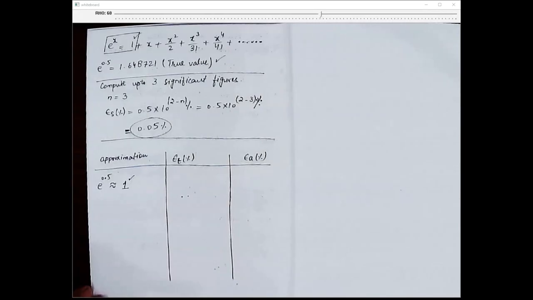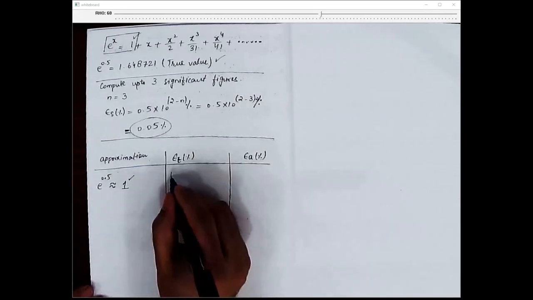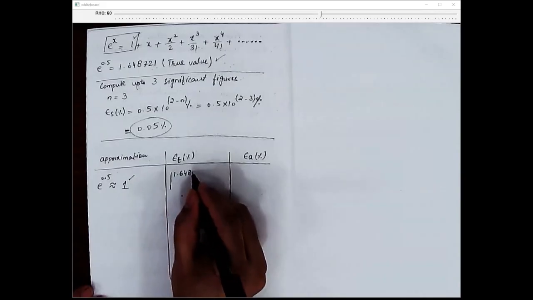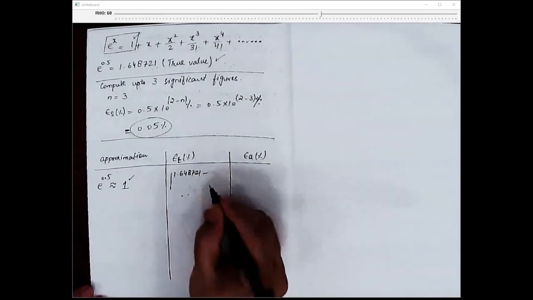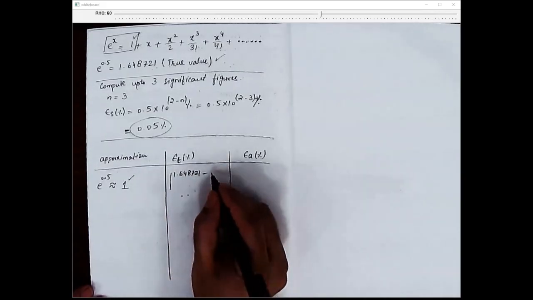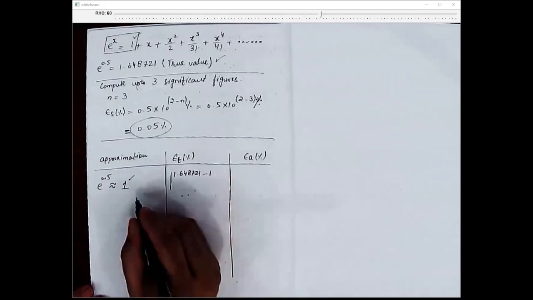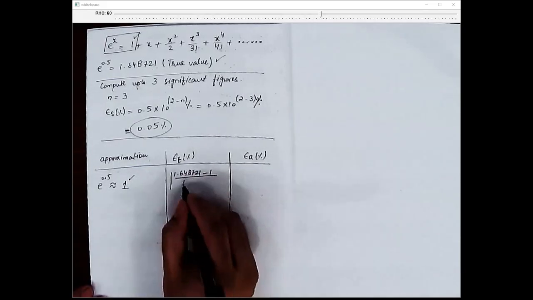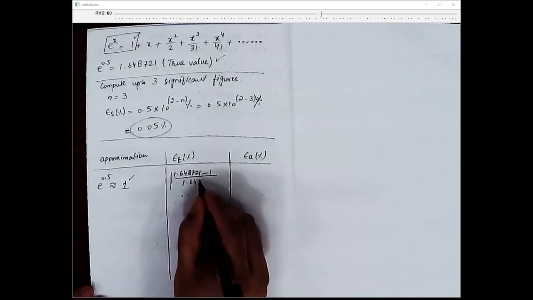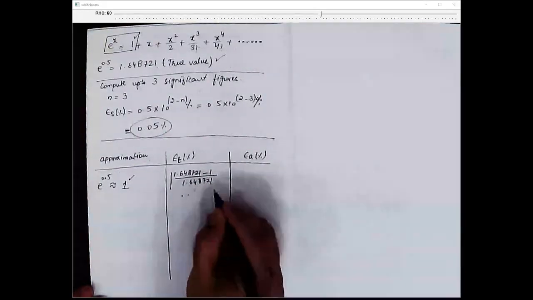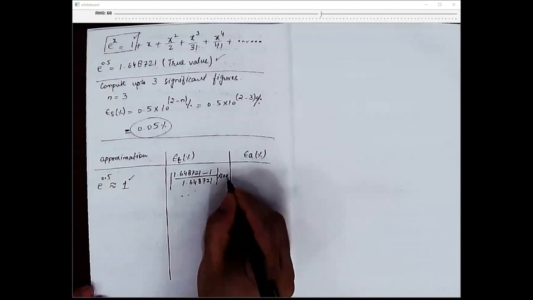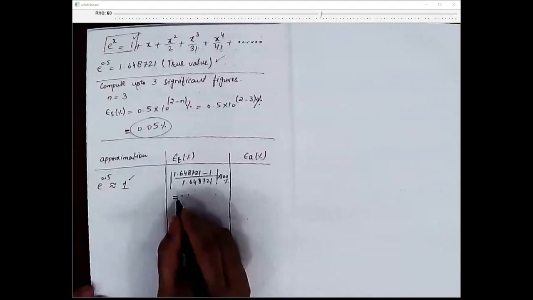So this means I can apply the formula here, which is the true value, 1.648721, minus the approximation, which is 1, over the true value. This is what the formula says. And then I have to multiply by 100 so that I get a percentage value.